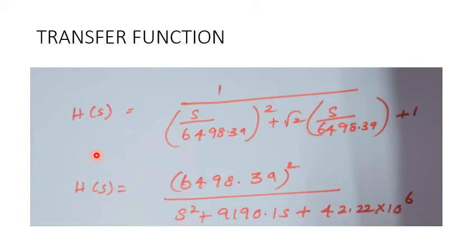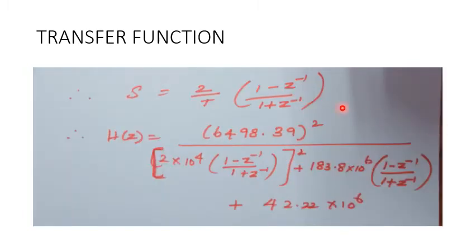After substituting, according to the bilinear transformation, the s value is given as 2 over T times (1 minus z inverse) over (1 plus z inverse). After calculating this, we will get the total transfer function. Please try to do it in your notebook.